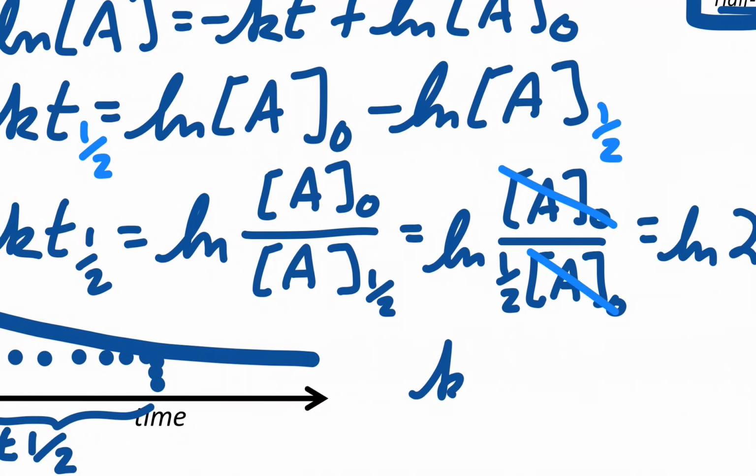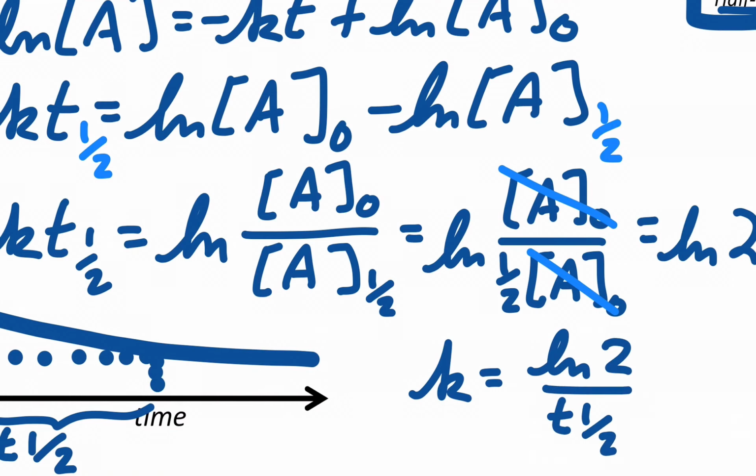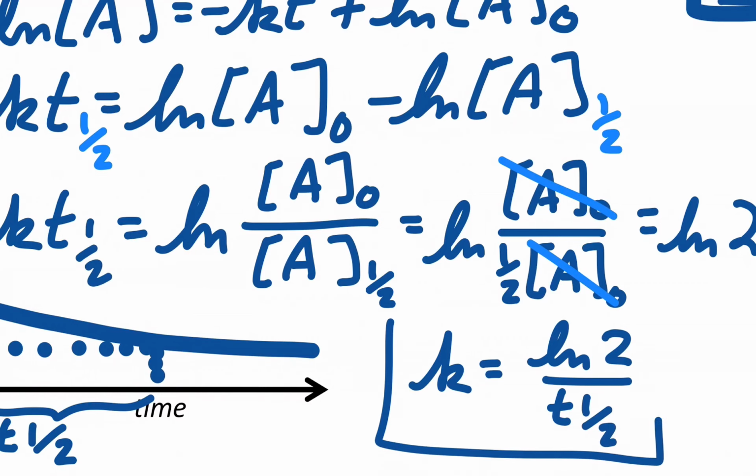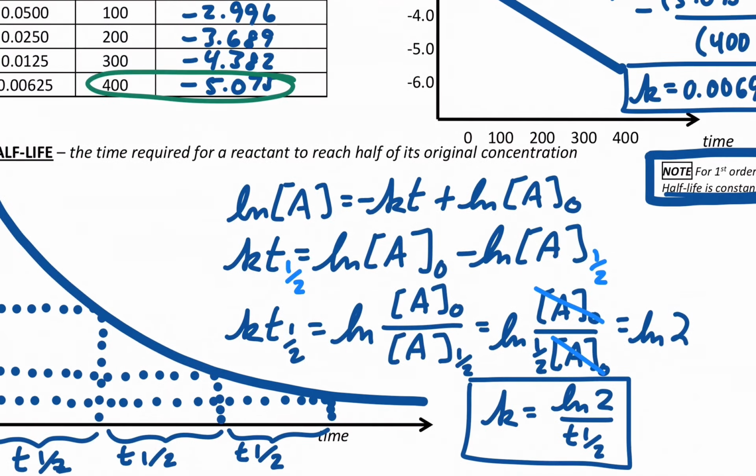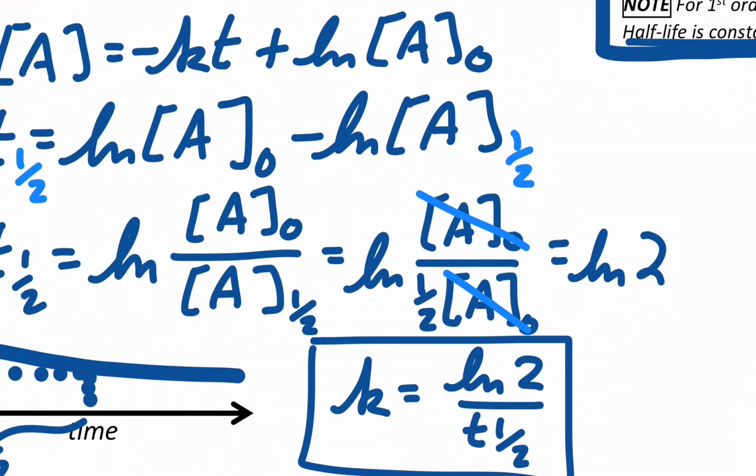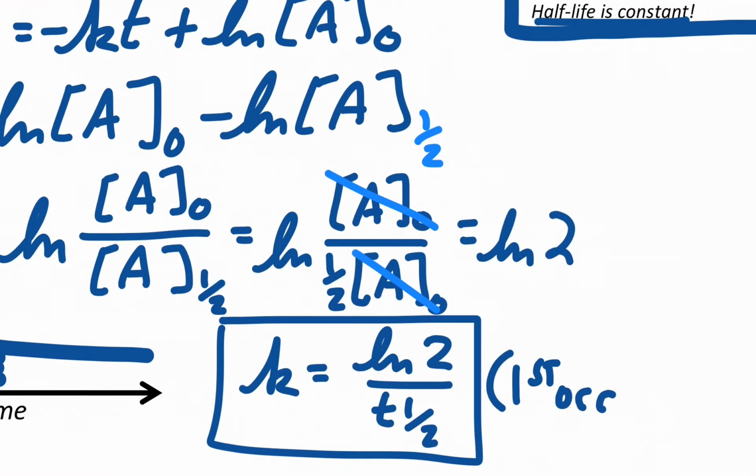So k, the rate constant, is just a mathematical number, the natural log of 2, divided by the half-life. So half-life and rate constant are always related to each other, and many chemists use half-lives to explain how fast reactions work. This is what's true for a first-order process. This just happens to be the most common one.